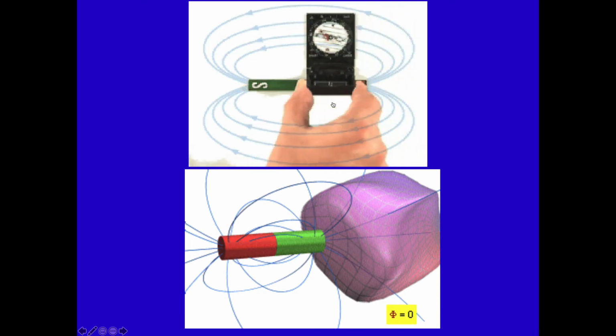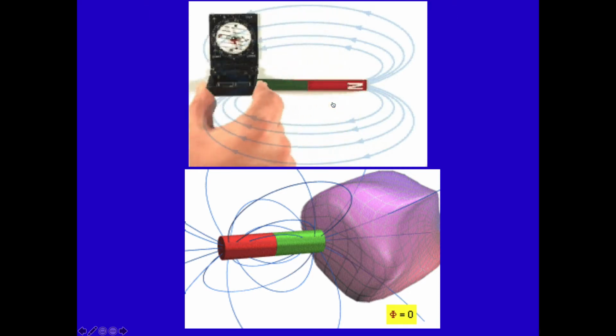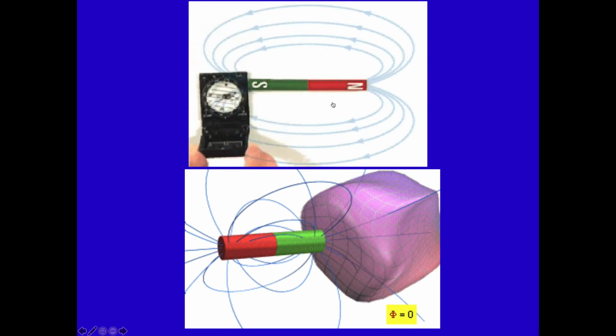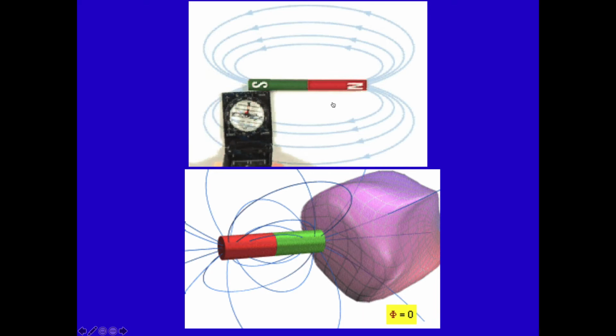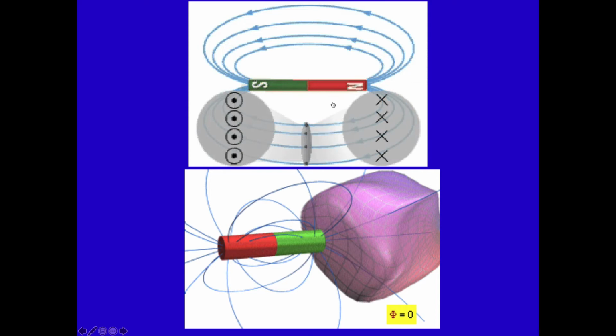It points away from the magnet's north pole and toward the magnetic south pole. We represent the magnitude of the magnetic field by the number of field lines passing through a unit surface. Dotted circles on a plane mean the field lines are pointed directly at the viewer. X's on the plane mean the field lines are pointed directly away from the viewer.